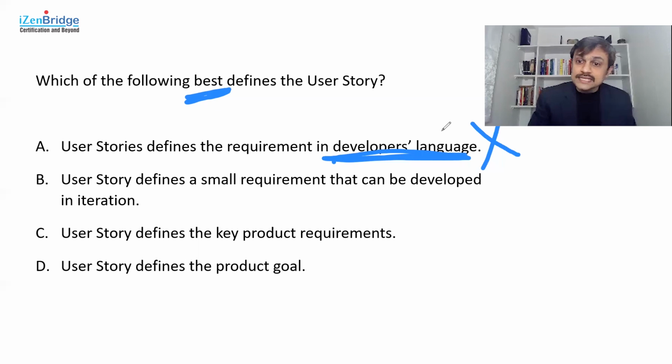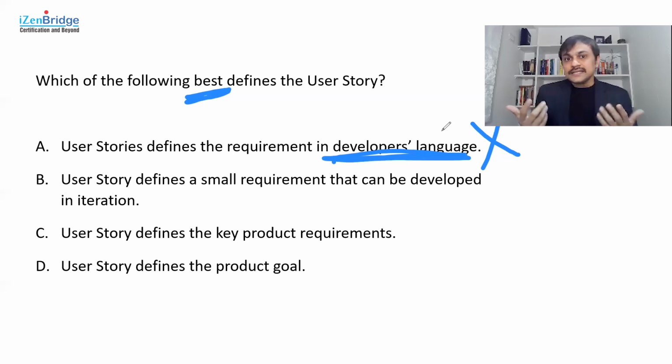User story defines the key product requirements. Now, a user story can define a key product requirement, and can also define a non-key product requirement, but it is not specifically attached to key features or key product requirements. And many times, the key product requirements might be large in size, meaning they might take a few iterations before they get developed.